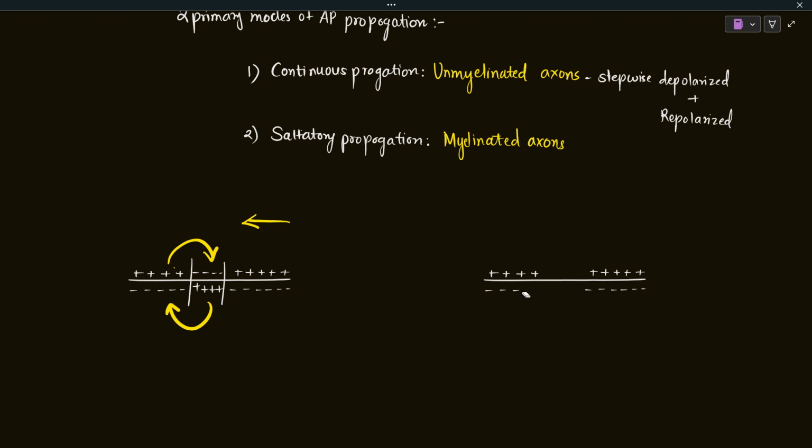Okay, so let's see now what will happen. Once those positive ions move from here to here, the current moves from here to here. So the negatively charged extracellular side will get positively charged, and the positively charged intracellular side here will get negatively charged, restoring the resting membrane potential.